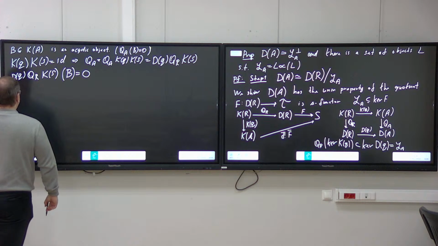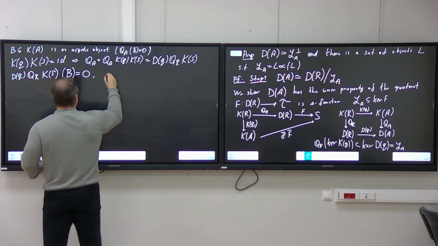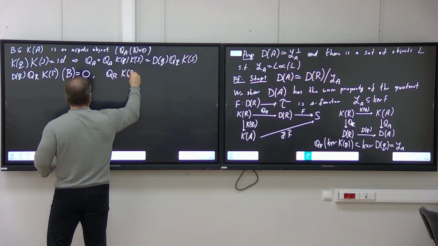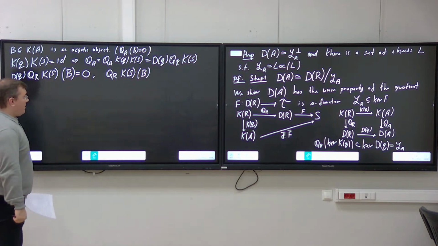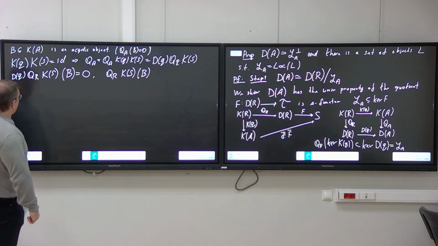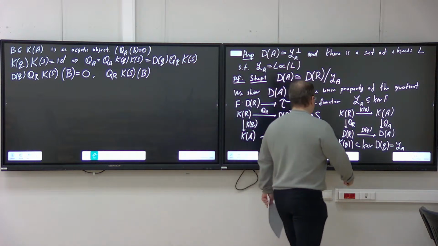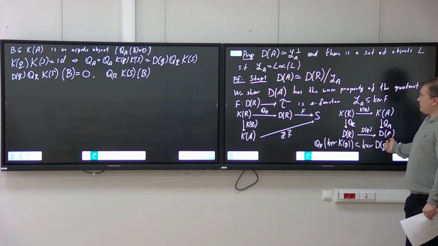So now I can look at the object which is just Q sub R, K of S, applied to the acyclic object B, right? So I know that I get some object here, where if I apply D of Q to this object, I'll get 0.